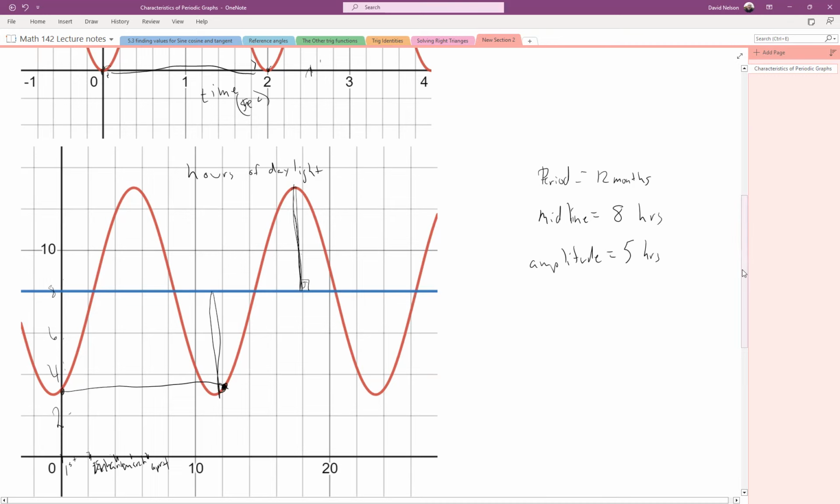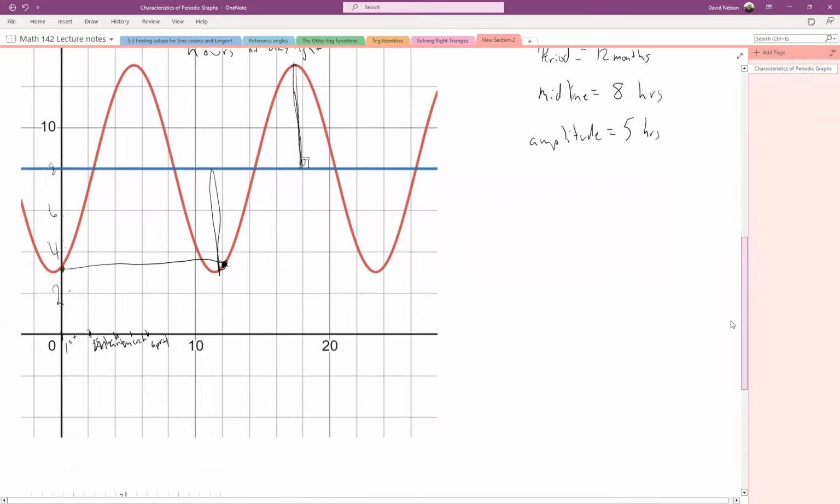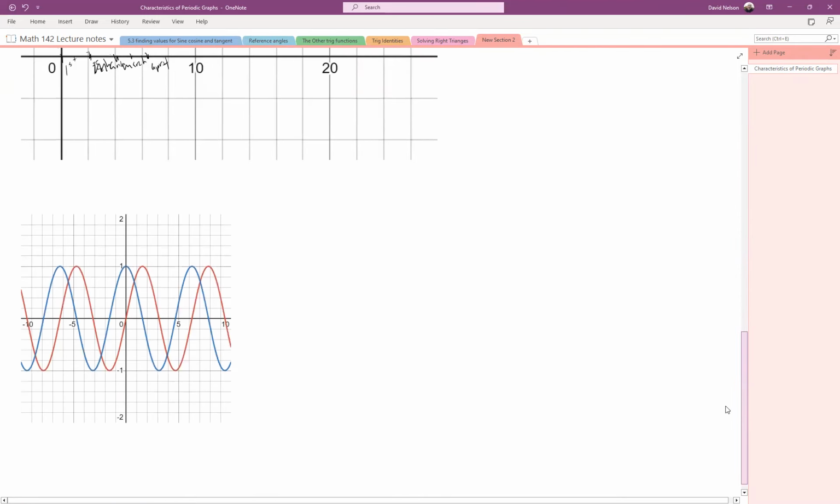So important characteristics of any sort of periodic function are the period, the midline, and the amplitude. And well, for here we have the sine and the cosine graph. Y equals sine of x is actually, can I make that bigger? Let's make that a little bigger for us.